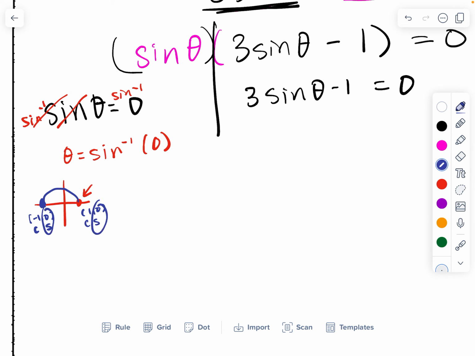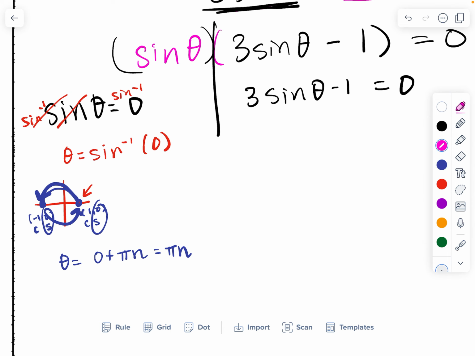So I know it happens at 0, and then it will happen again plus pi, and then another plus pi, and so on. So we can call this theta equals 0 plus pi times n. To simplify that, we could just call that every pi n, where n is any integer.